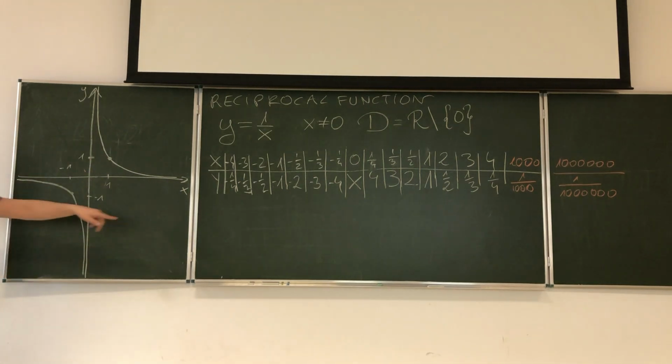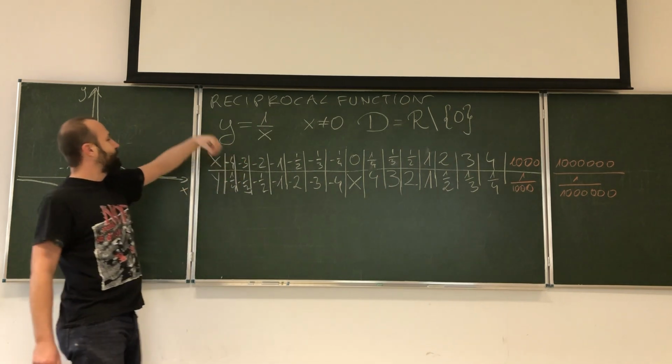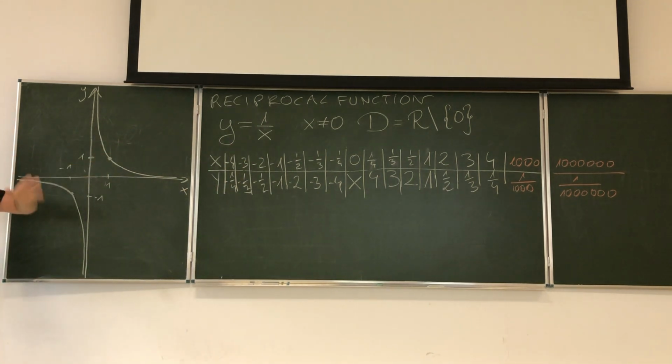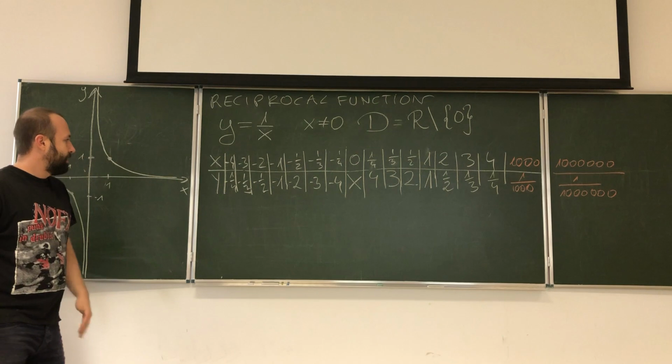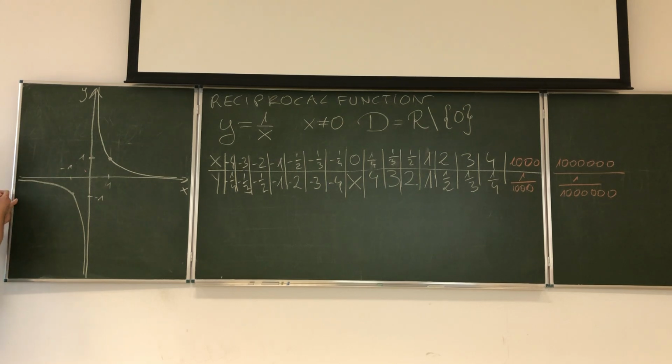Look, here, as x is getting smaller and smaller, we are dividing by a bigger, in absolute terms, negative number. And look, we are also getting closer and closer to the x-axis, but we can also never reach it.